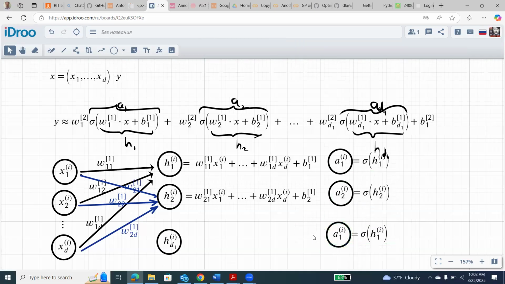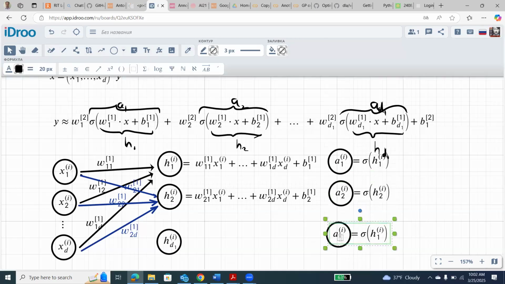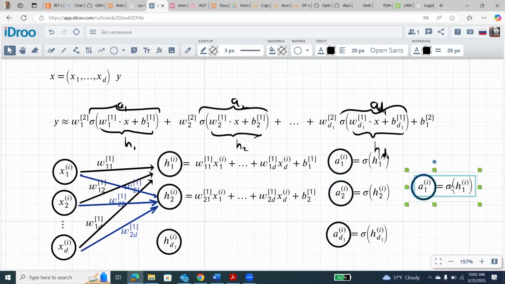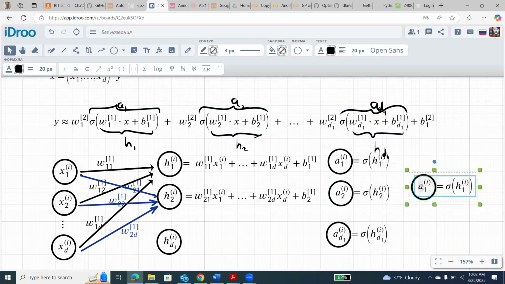And finally, we should take a linear combination of these A variables to get the output. So the output is the linear combination, or dot product, between weights W and vector A, plus bias.